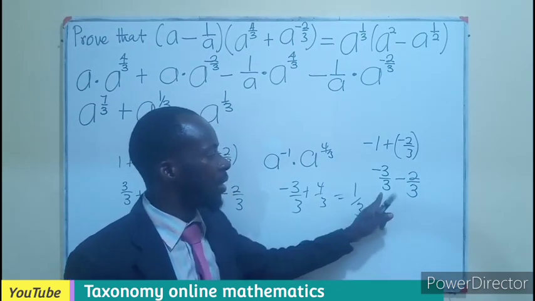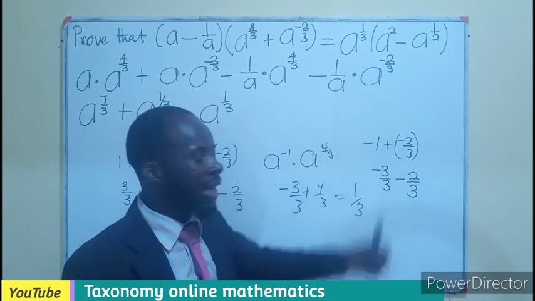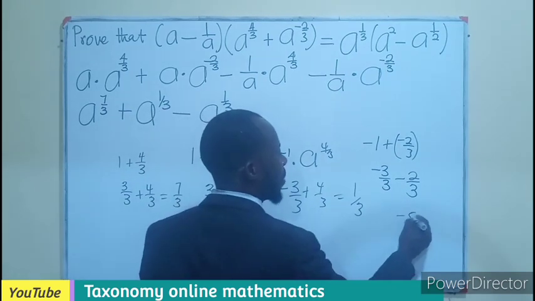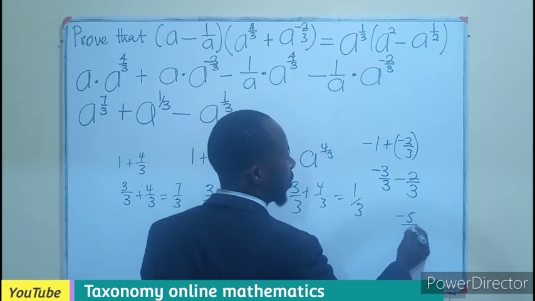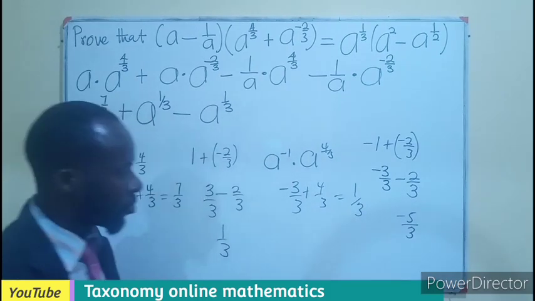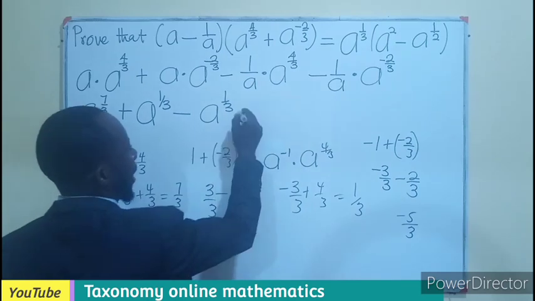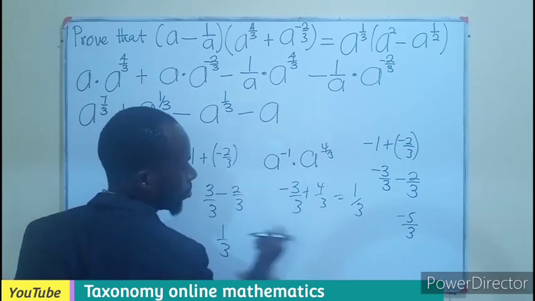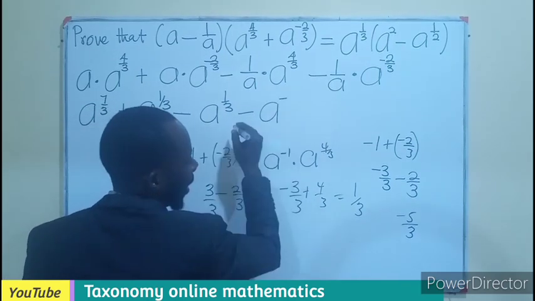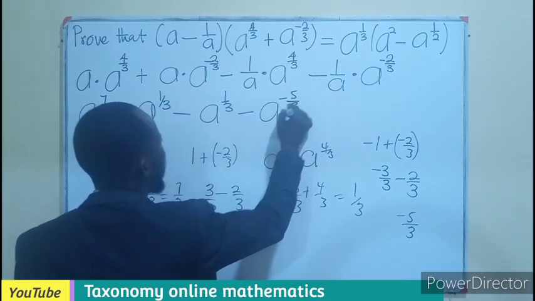So that becomes the same base. We take the exponent and that becomes minus 5 over 3. So we put that as minus a exponent minus 5 over 3.